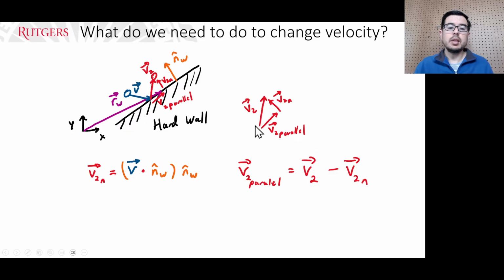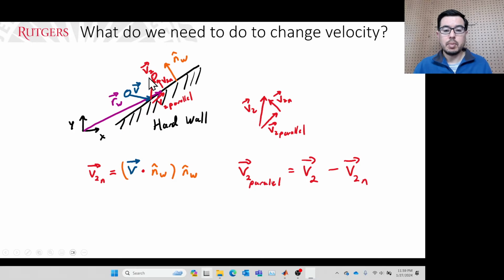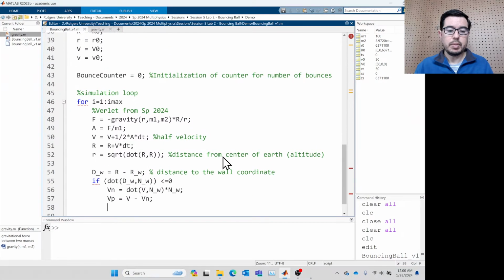This is a lossless, or elastic, collision, so the magnitude of velocity coming in to this wall is going to be the same as the magnitude coming out. So we have Vp equals V minus Vn, and the new velocity can be thought of as Vp minus Vn.